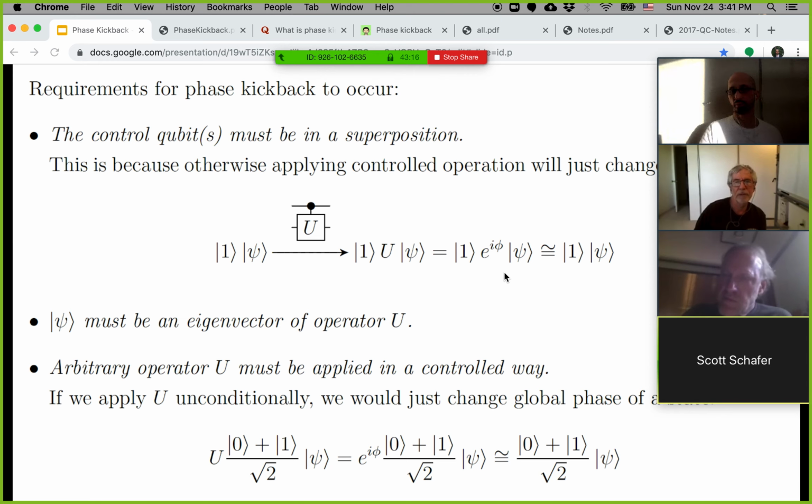I think the magnitude of this is always going to be 1, because we have this 1 and psi.